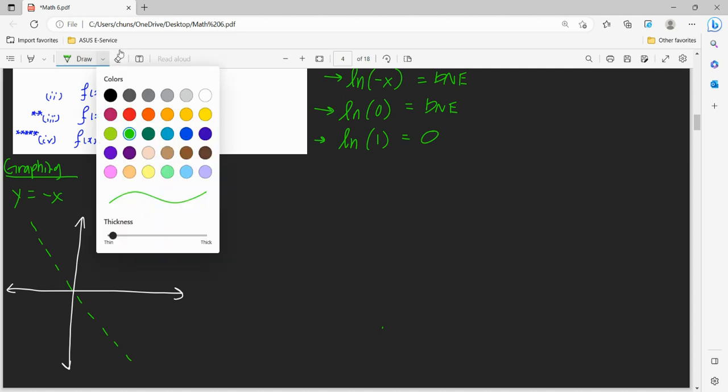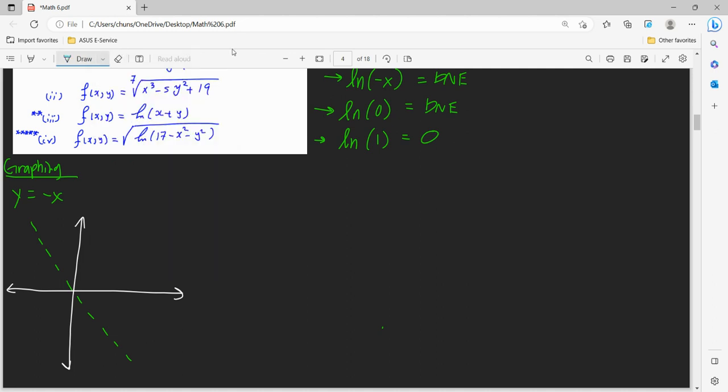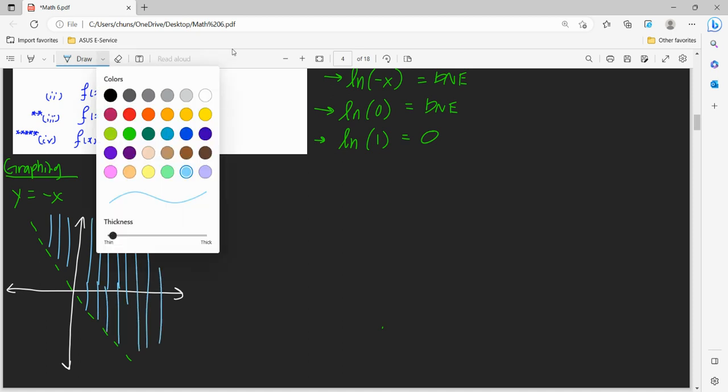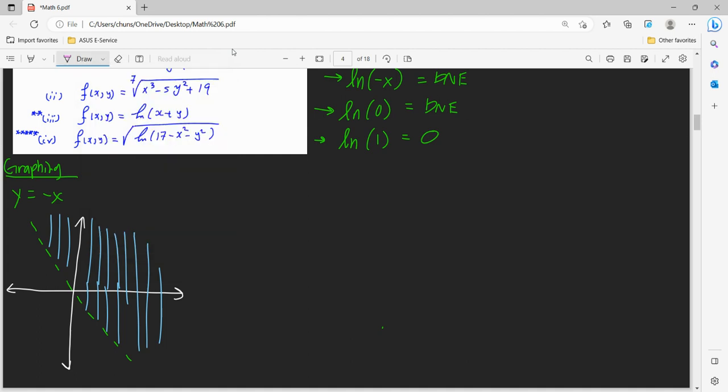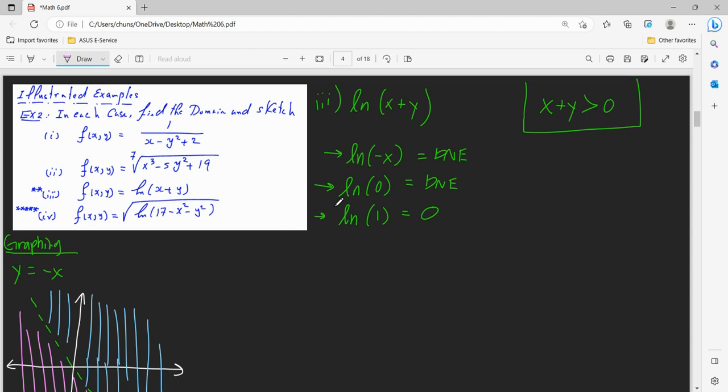So now we have two regions to look at: above our curve and below. I want to choose a test point for each.